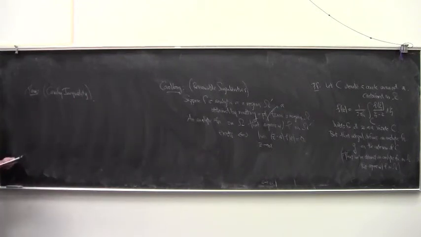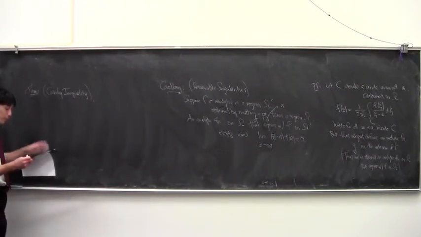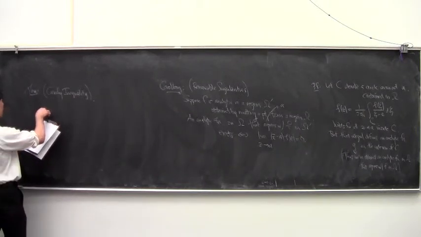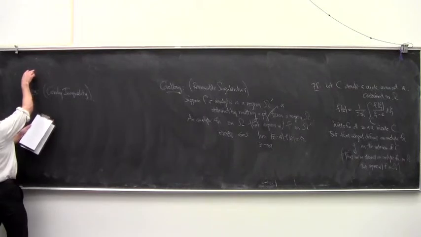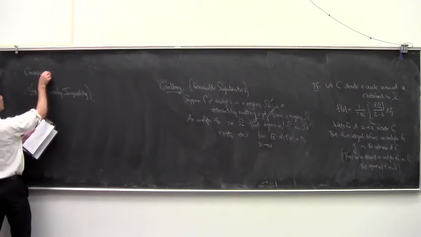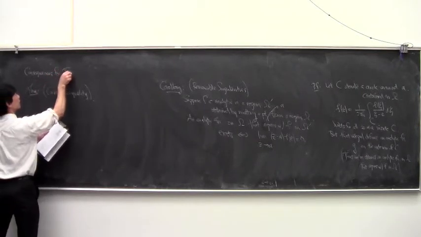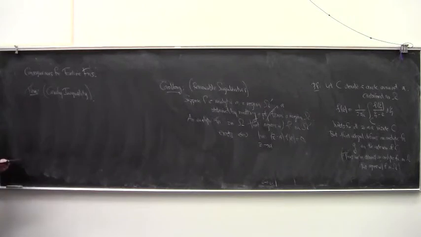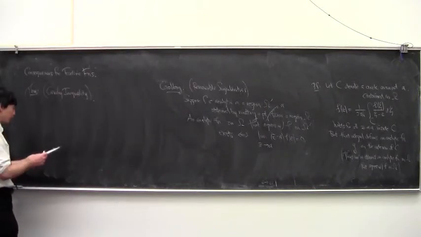The estimate is dull, but the result is kind of cool. So, consequences for entire functions, and remember that an entire function is one that's analytic on the entire plane.